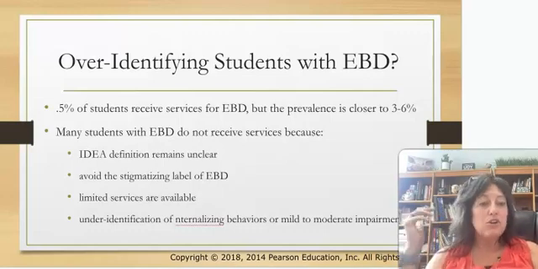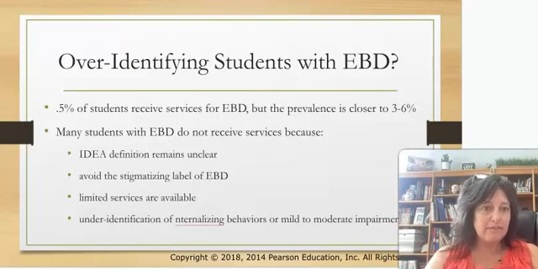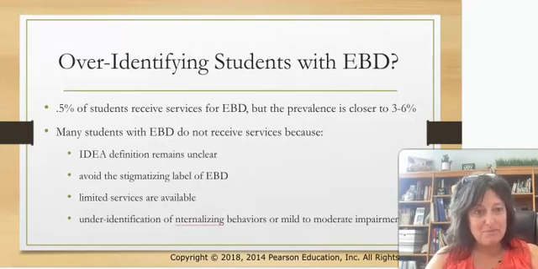A lot of parents don't want their child labeled as EBD because of the negative connotations that are associated with it. There's oftentimes limited services available for these students, and there's under-identification of internalizing behaviors or even mild to moderate, because there's not things you can actively see. But as teachers, we need to advocate for these kids and help them be successful.